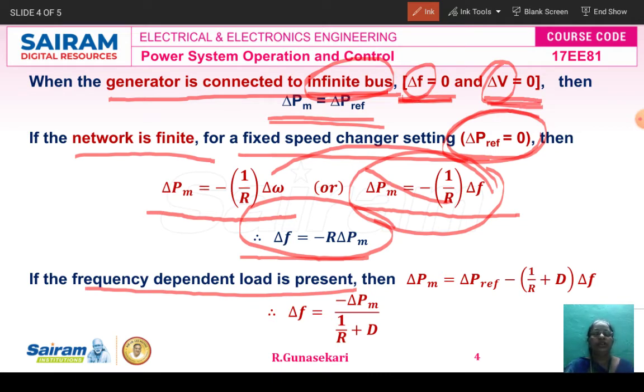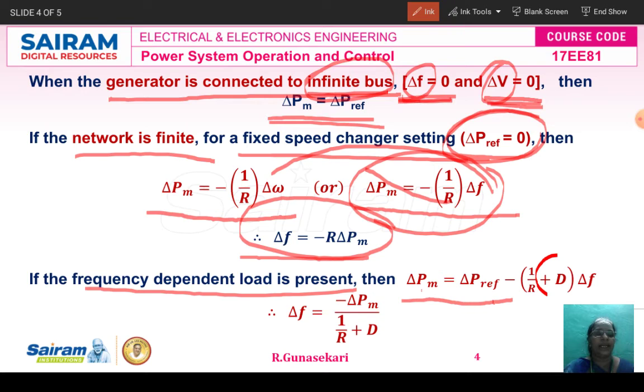I already told you the load frequency component consists of a frequency independent load component and a frequency dependent load component. So what is the equation? Actually the general equation without this frequency dependent load component is del Pm equal to del P reference minus 1 by R into del F only.